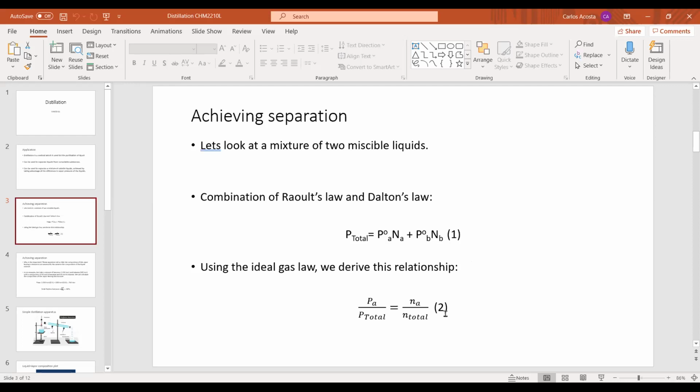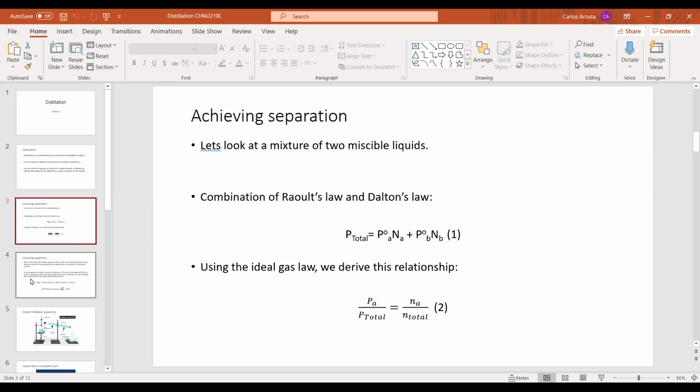And you see it's equation 2. On the right side of equation 2, we have the moles of A divided by the total moles, and this is the definition of mole fraction of A. So what this equation is saying is that the vapor pressure produced by component A divided by the total vapor pressure produced by the mixture is equal to the mole fraction of A.